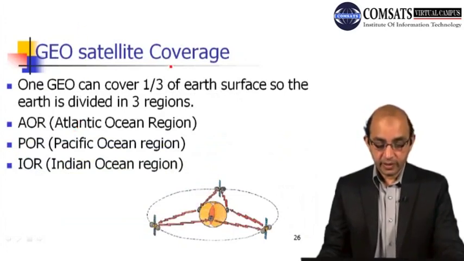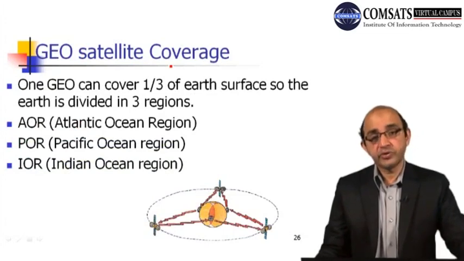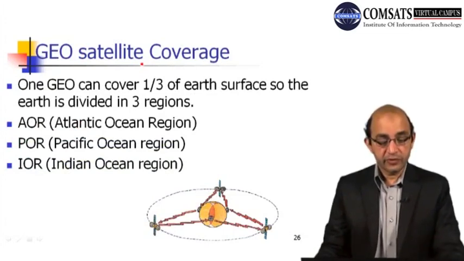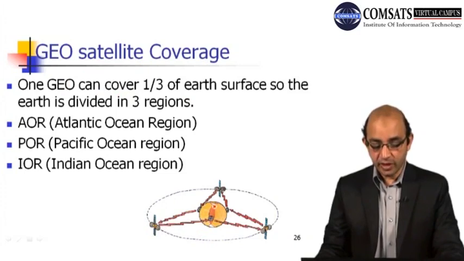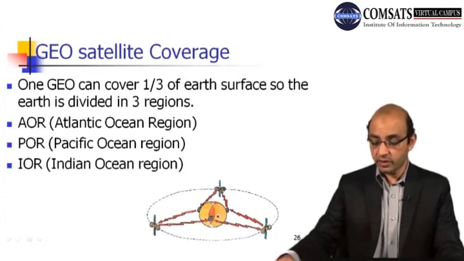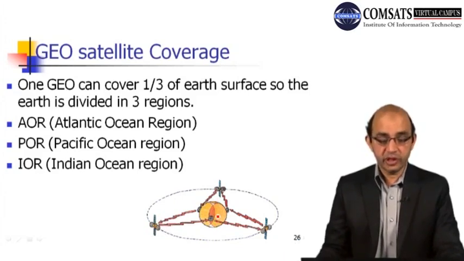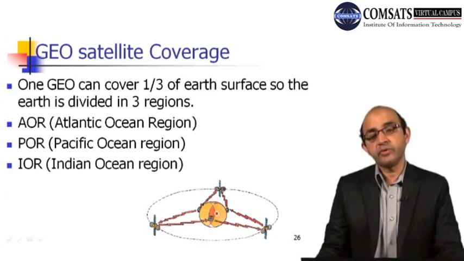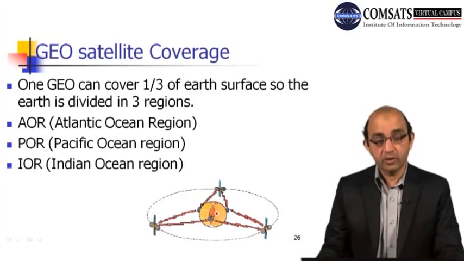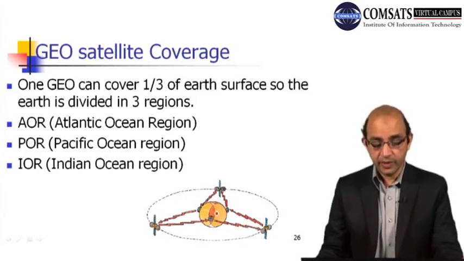So here we have tried to show the coverage area or the footprint for a GEO satellite. That's why we need 3 satellites in order to calculate the position on the Earth, or you can say in order to use GPS, the global positioning system, where we use triangulation in order to calculate the position.